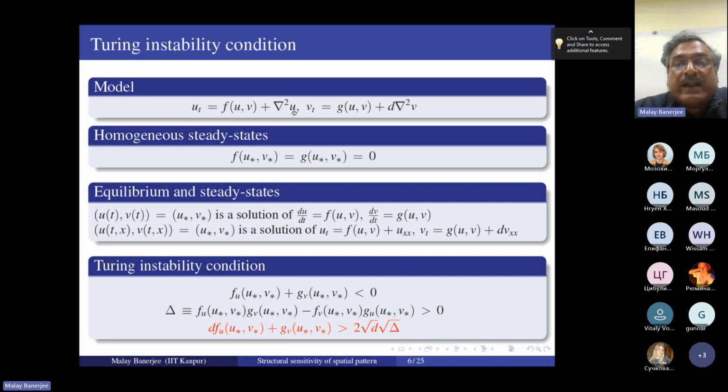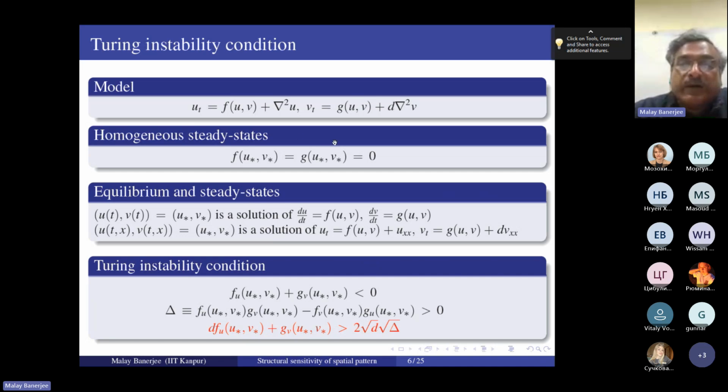Now our target is to find the analytical conditions such that once this homogeneous steady state is perturbed slightly with temporal perturbation, no spatial perturbation, then this homogeneous steady state will remain stable. But if we introduce a small amplitude heterogeneous perturbation around this homogeneous steady state, then there will be instability.